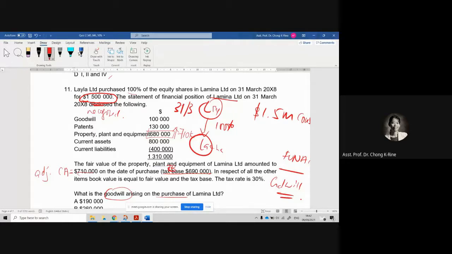The carrying amount is larger than the tax base, so it will lead to a taxable temporary difference of 20,000. 710 minus 690 is 20, right? The tax rate is 30%, so we will have a DTL of 6,000. This is actually the pre-acquisition elimination entry we can do.